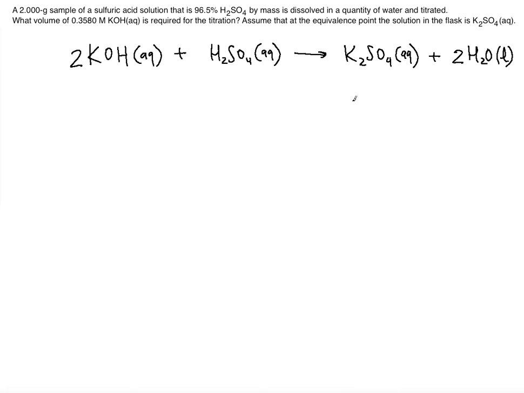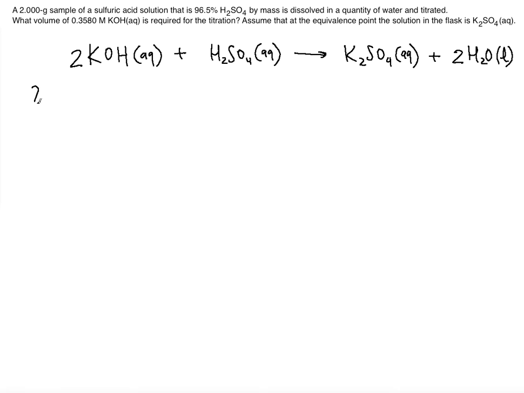So first, we need to find the volume of the potassium hydroxide, given the molarity. But before we find the volume, we need to find the number of grams, because the number of grams together with the molarity of the potassium hydroxide will give us exactly the volume that we're looking for.